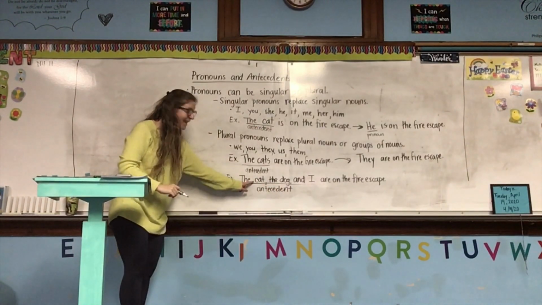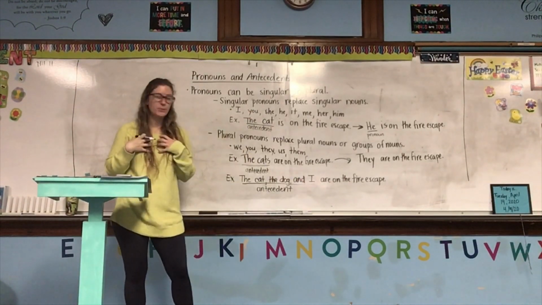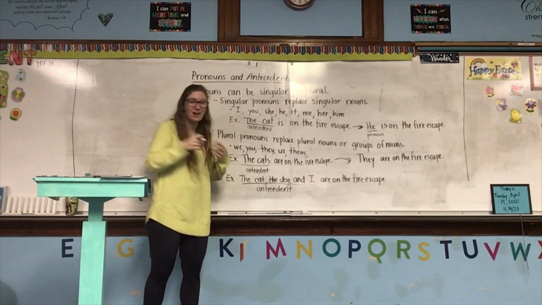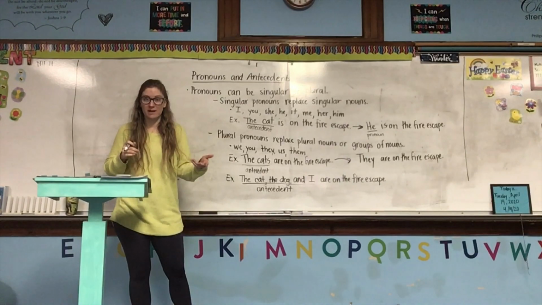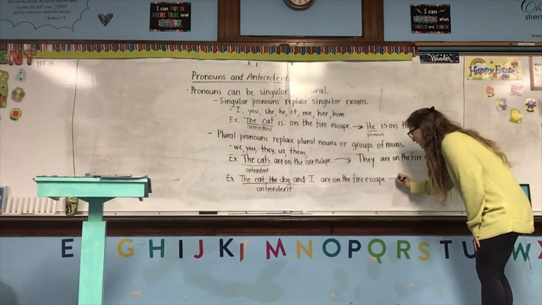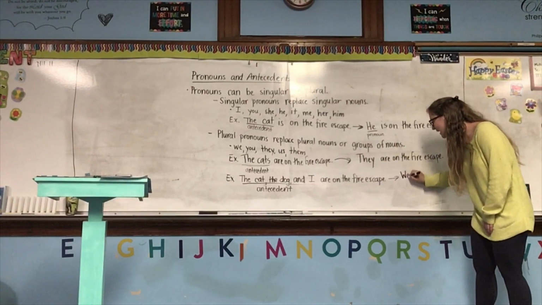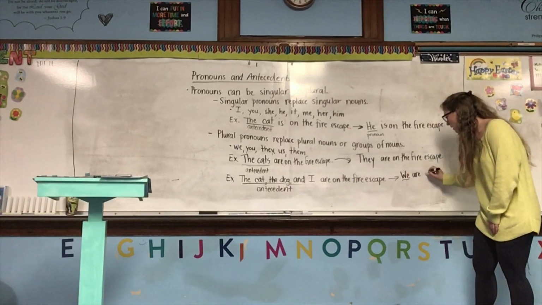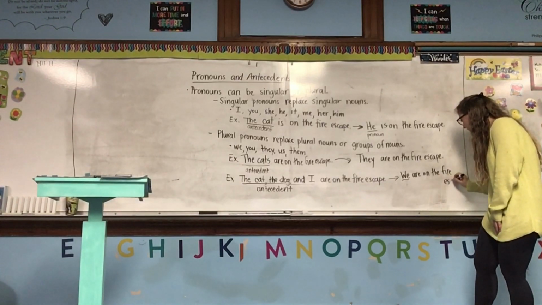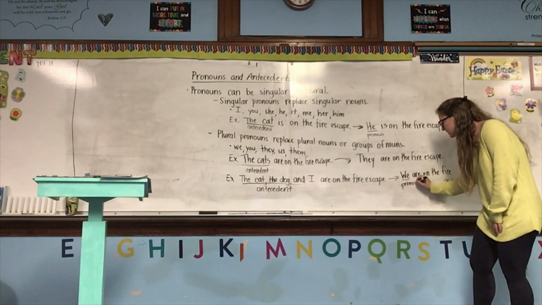Now I have one cat, one dog, and then me, one person. Those are all singular, but since I'm using all of these together, I'm talking about more than one. So that means I have to use a plural pronoun. I can't use they because I have I, so I have to use we are on the fire escape. And we is the pronoun.